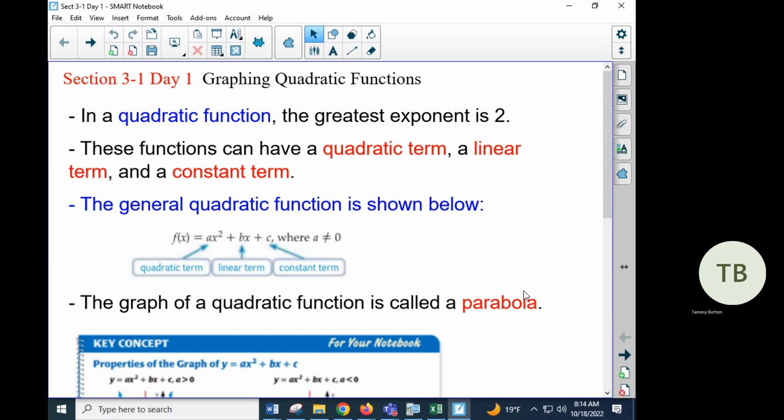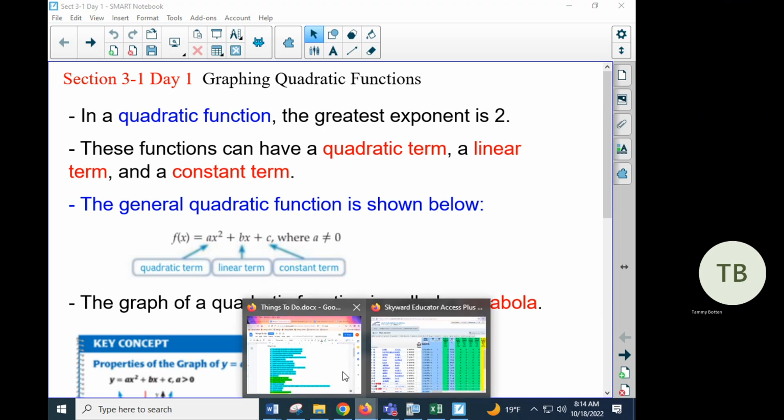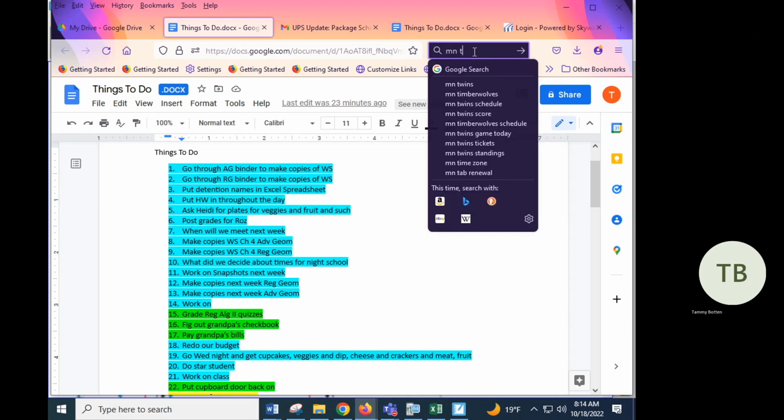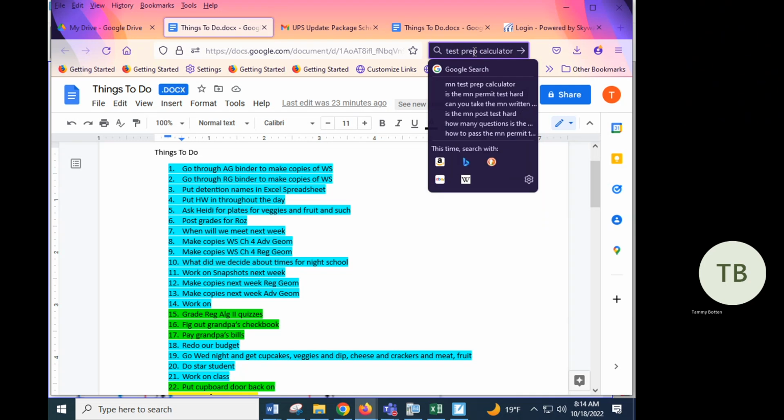For when you have to do stuff outside of class, go to a web browser and Google MN for Minnesota test prep calculator. Some of you may have bookmarked this already, which if you did, that's great.